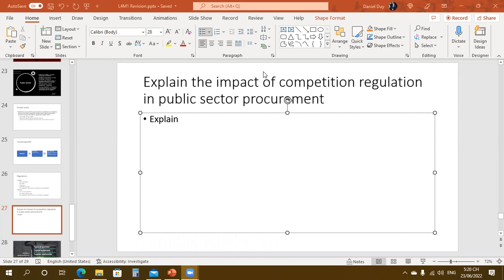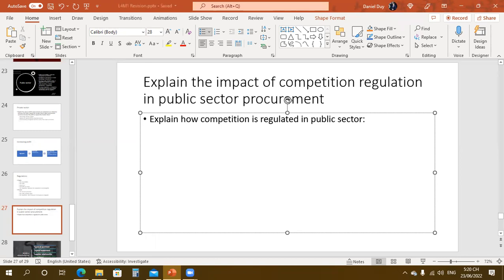But let's assume the question looks like this. Then my point here is that we should have some kind of structure to approach. First, I will explain how competition is regulated in public sector.